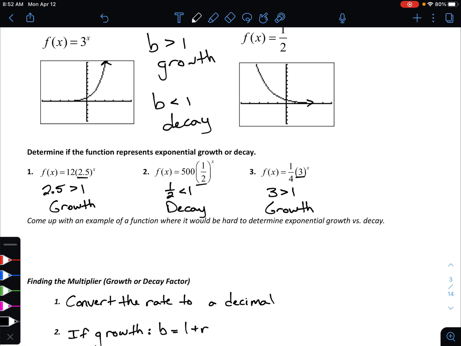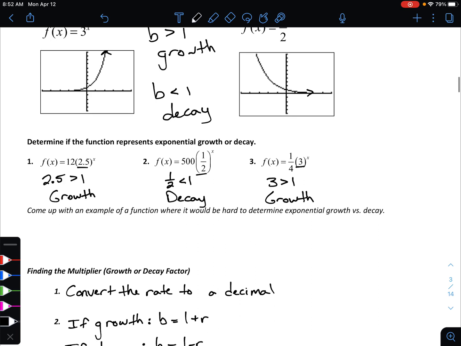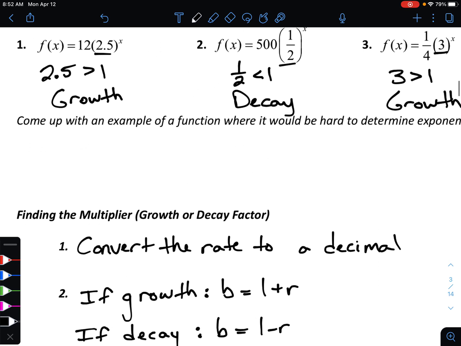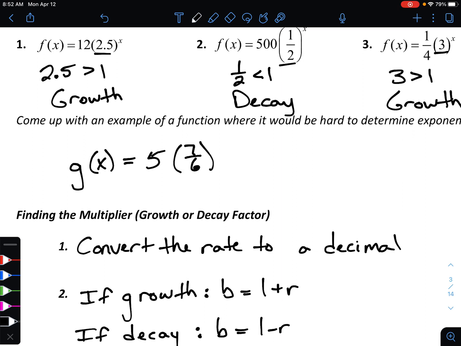So, come up with an example of a function where it would be hard to determine whether it was exponential growth or decay. I'll leave that kind of up to you. One thing I might suggest is that fractions are sometimes hard to work with. If you had something like 5 multiplied by 7/6 to the power of x, 7/6, although it's a fraction, would be a fraction which is actually greater than 1. 7 divided by 6 would be 1.16, and then the 6 starts repeating.